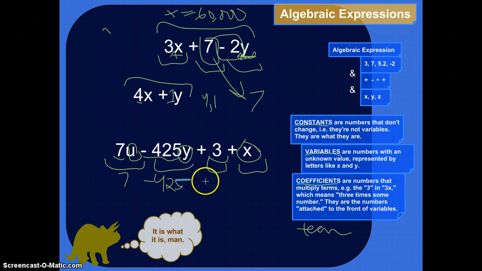The coefficient of this term is just 3. If it's a constant, it just is the constant. And then here, there's a hidden 1. If there's no number attached, you can assume it's 1, because 1 times the number is the same thing. So I could have written this as 1x, and so the number in front is 1.